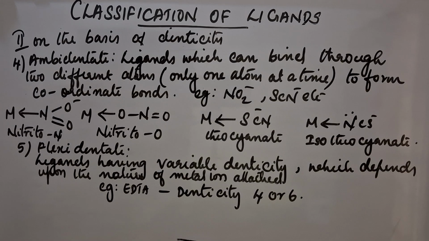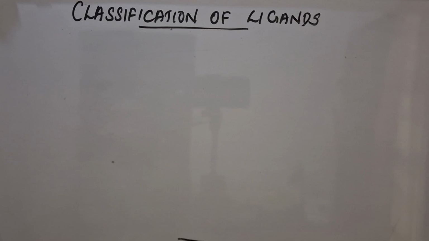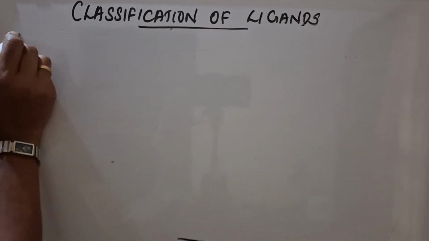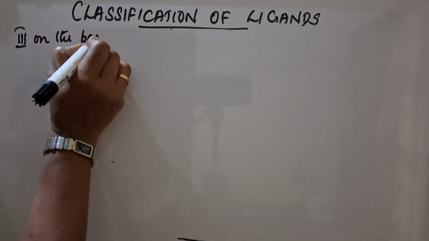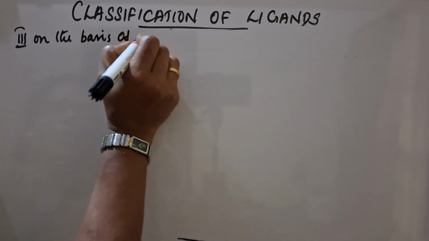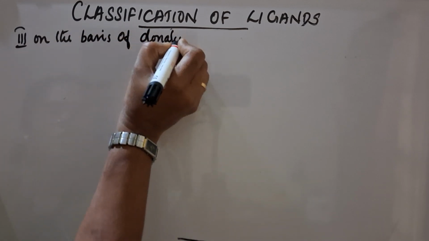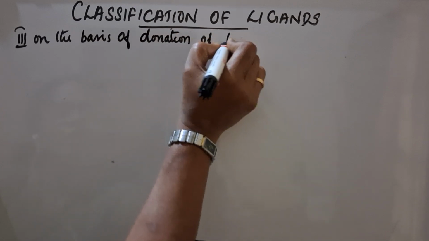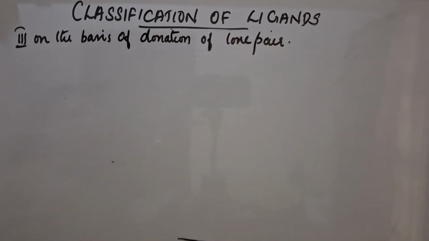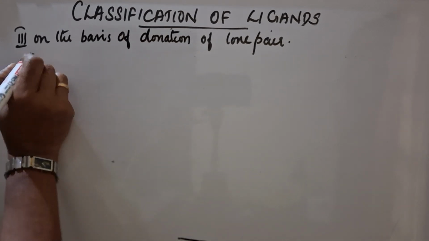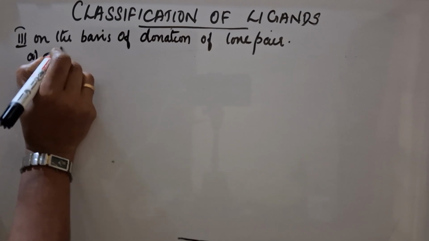Next, the third categorization, on the basis of donation of lone pair. The first one is sigma donor.